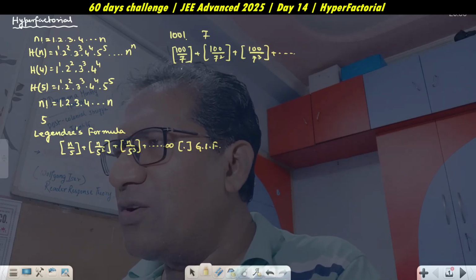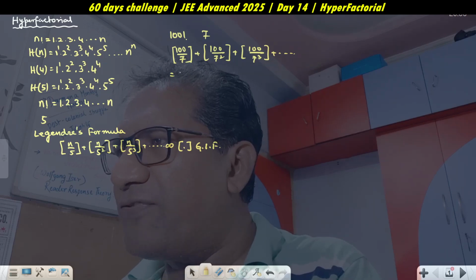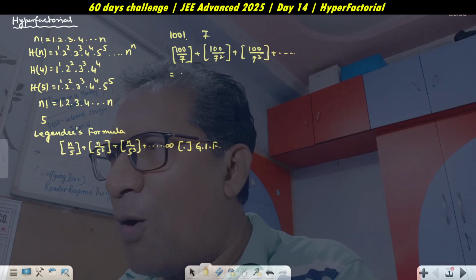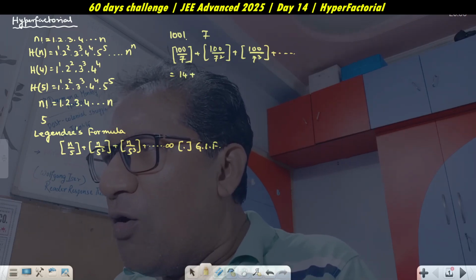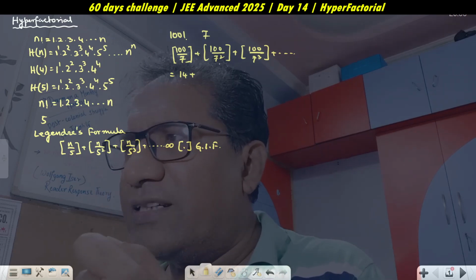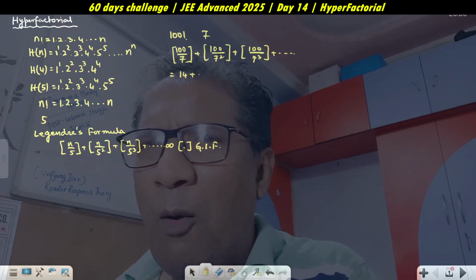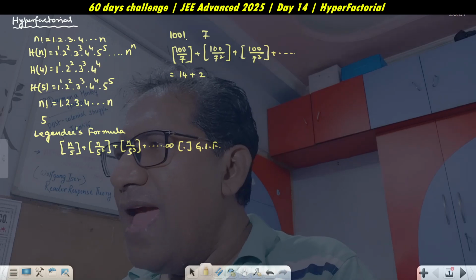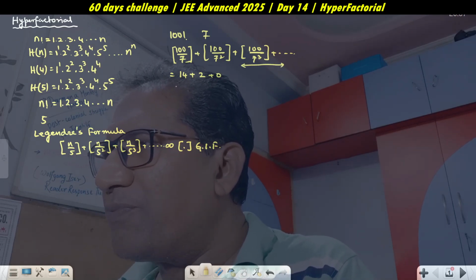So here, if 100 is divided by 7, we will have 14.28. The box function will give us 14. Plus 100 when divided by 49, that is 7 square, it will be 2 point something. So the box of that will give us 2. And from this onwards, we are going to have 0.